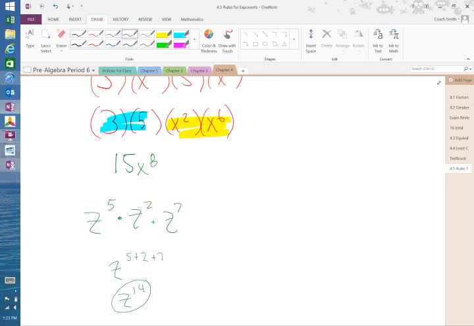Now, it gets a little bit more difficult when we have this: x to the 2nd times y to the 3rd, y to the 4th, times x to the 3rd. x to the 2nd times y to the 4th times x to the 3rd.